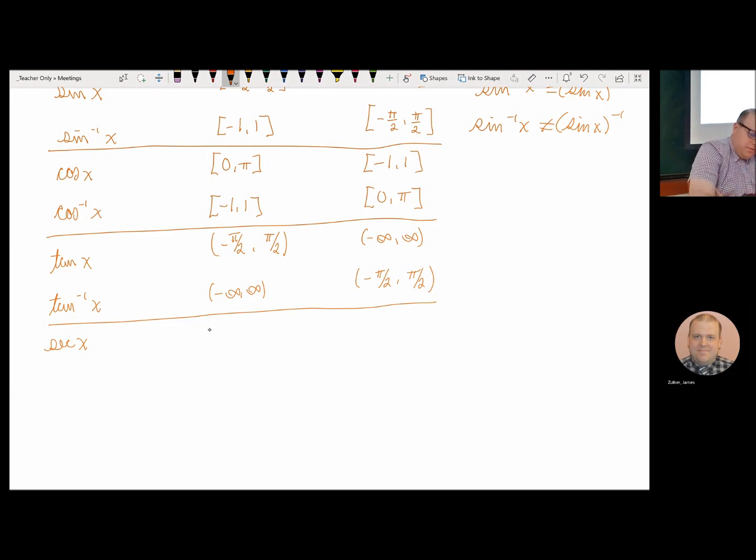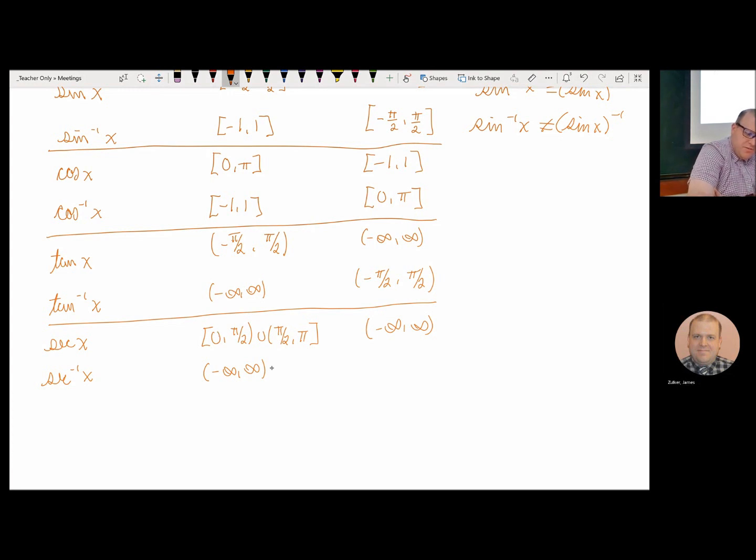I think it is this one. Secant has restricted domain 0 to pi over 2 union pi over 2 to pi. Where? Here?